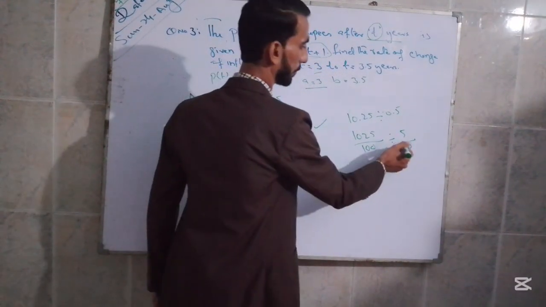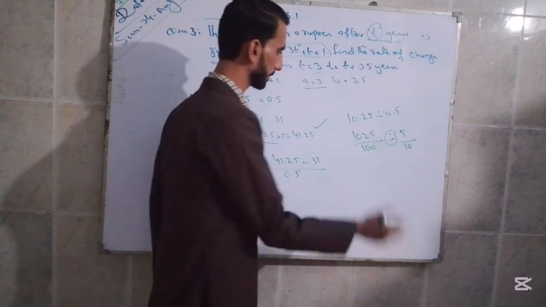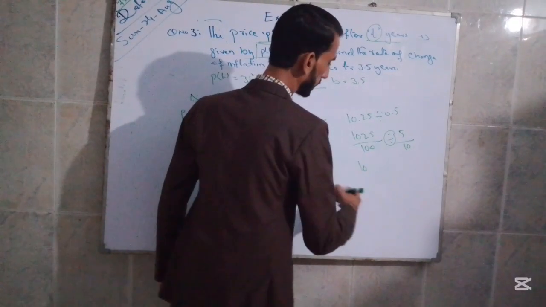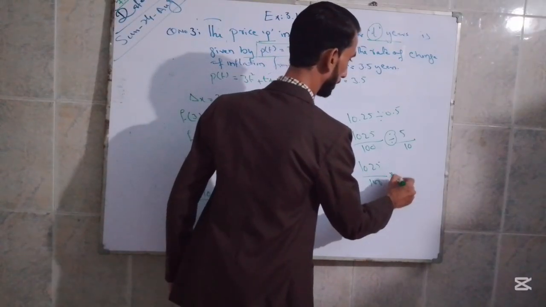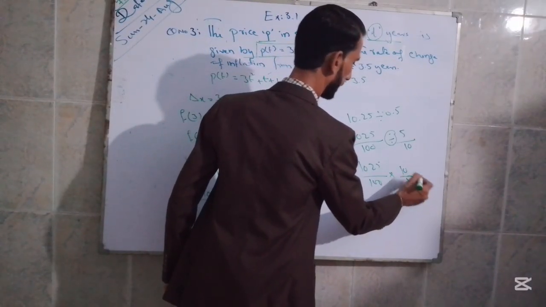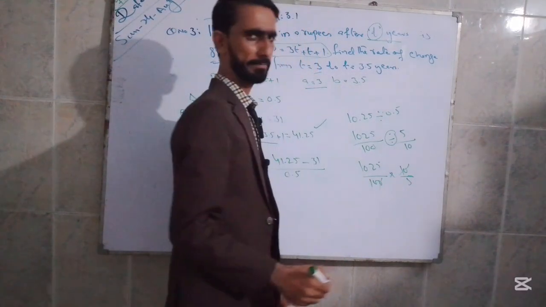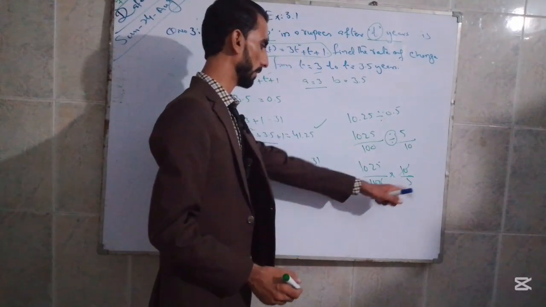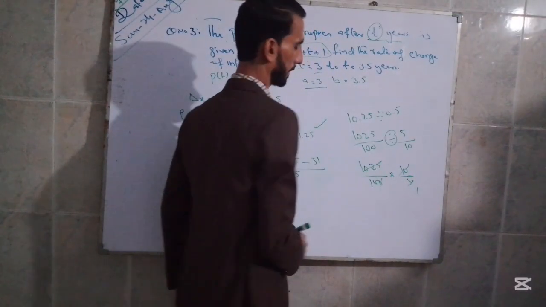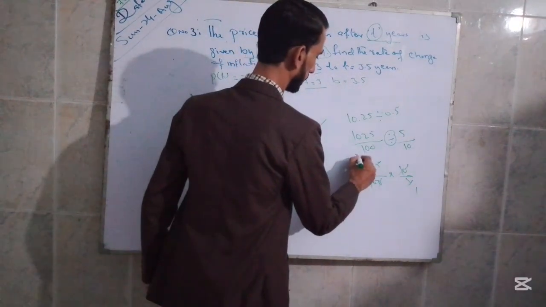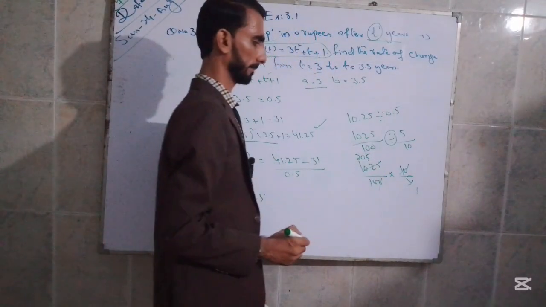Okay, now we reciprocate it and convert the operation into multiplication. 1025 upon 100 multiply 10 upon 5. And how to solve this one? Look at here, 10 and 100 will cancel, remaining 10 upon... 5 times 1 is 5 and 5 times 2 is 10.